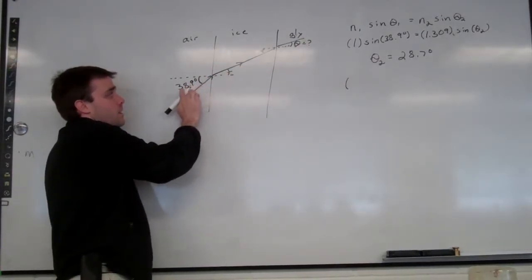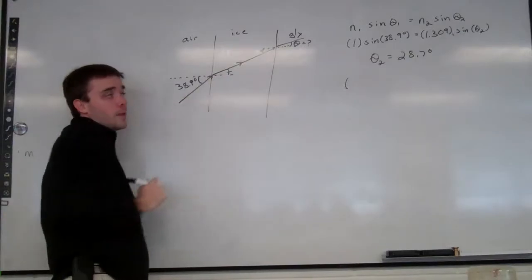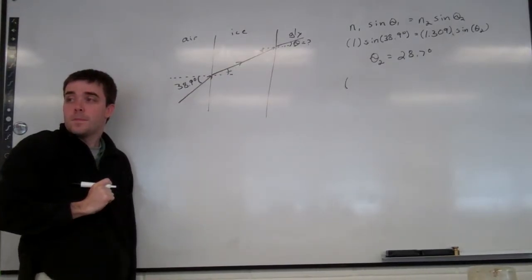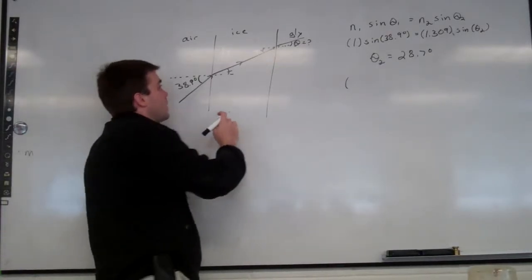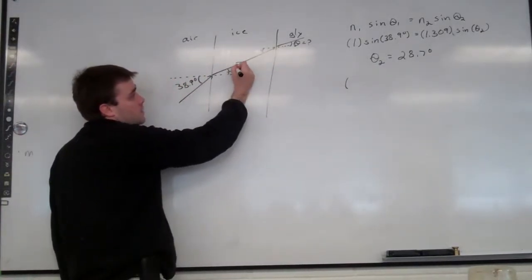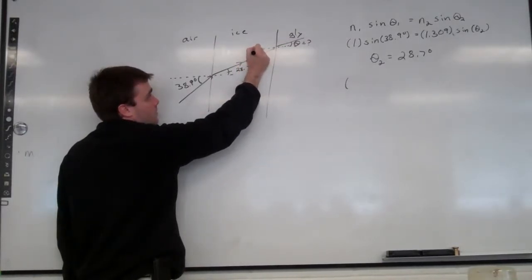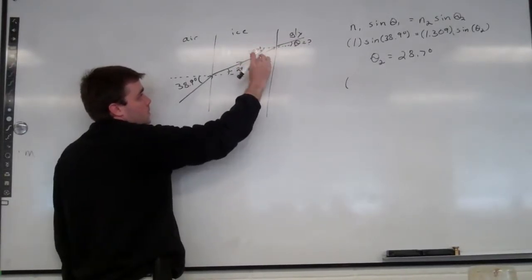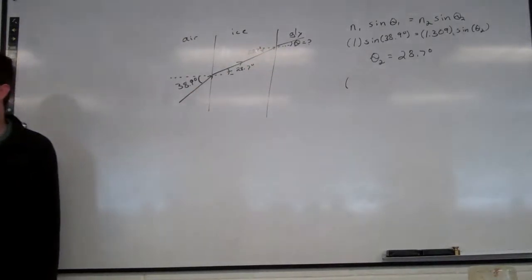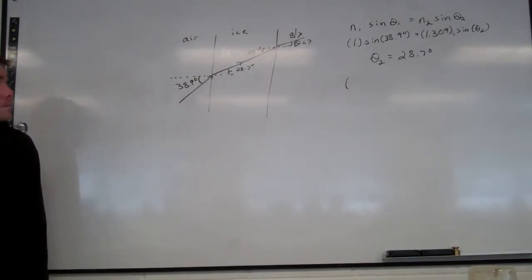So it goes in at 38.9, bends, and then leaves at 28.7. What we found here is this is 28.7, and this is 28.7. So both of those angles are 28.7. Makes sense? Yeah.